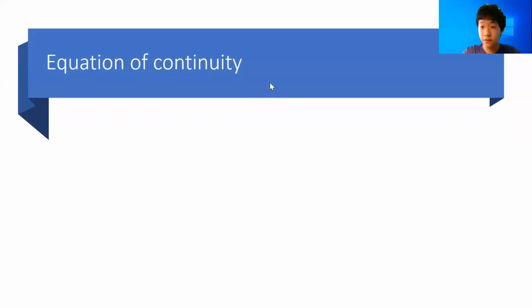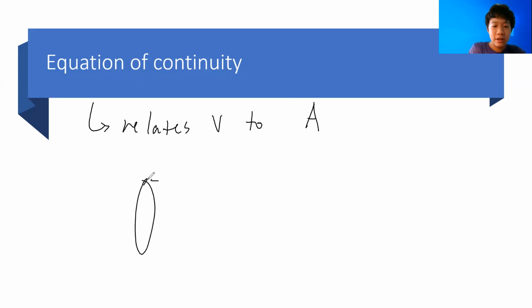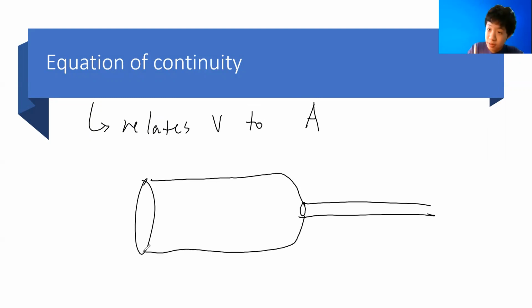So this is the first equation we have for today, and this equation relates velocity, so the flow of the fluid, to the cross-section area of the path of the fluid. For example, if we go back to this diagram I drew earlier, we have a wide tube narrowing down to a smaller tube.